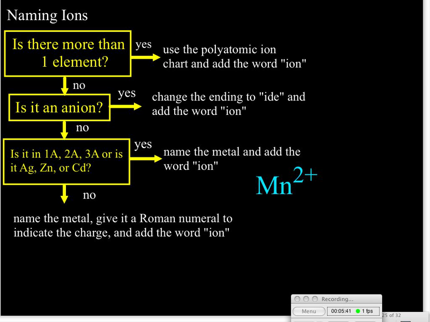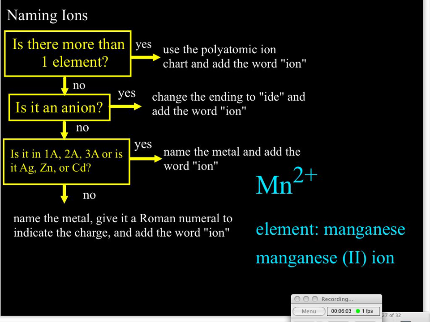So because we have one of these transition metals, and since the transition metals, tin, and lead can form different ions at different times, we have to give some extra information in the name to help us figure out which ion we're talking about. Of course, we have the element manganese. So our metal is manganese, and we are just going to take that 2+ charge and write it as a Roman numeral. So this will become the manganese 2 ion.